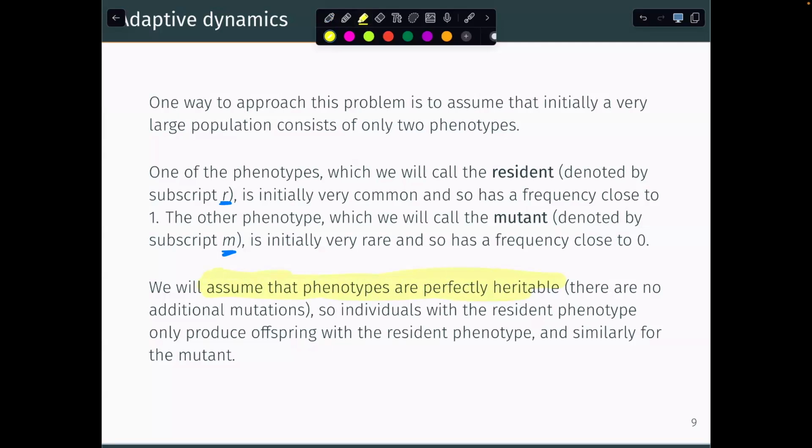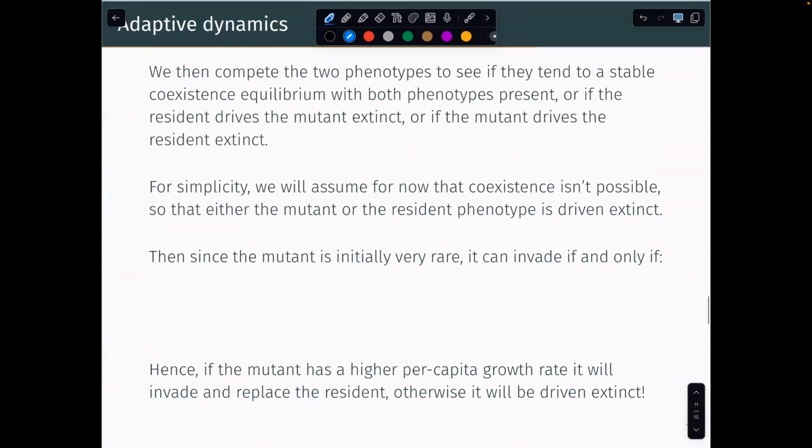So individuals with the resident phenotype only produce offspring with the resident phenotype, and similarly for the mutant. You sometimes see this referred to as that they breed true. Okay, so we're just going to think about these two phenotypes for now.